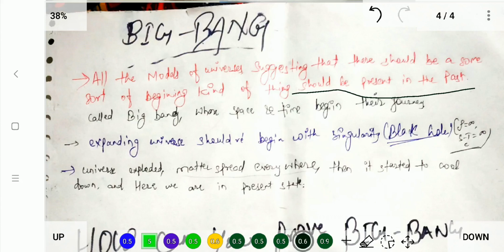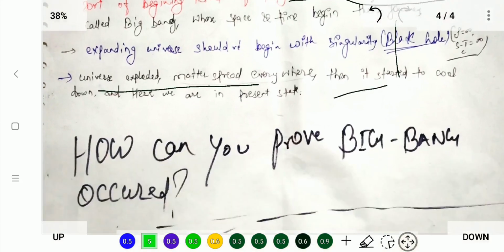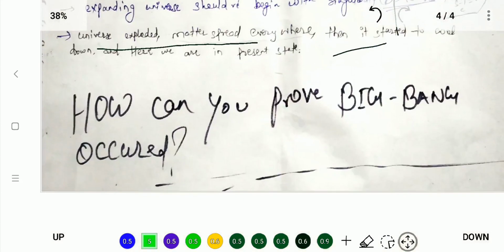So what happens in the Big Bang? The universe exploded, matter spread everywhere, then it started to cool down, and here we are in the present state. This is what happened. So a big question I am going to ask you: how can you prove the Big Bang occurred? We are only assuming that it occurred.